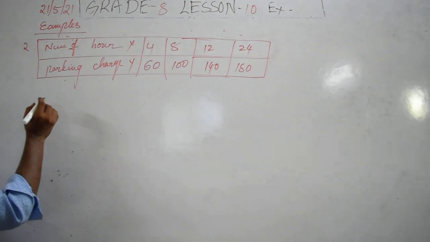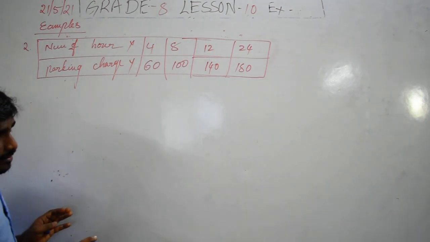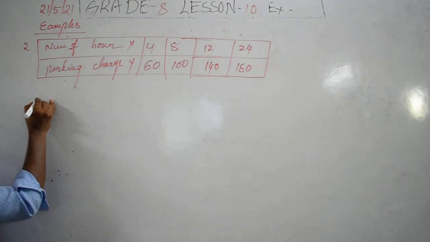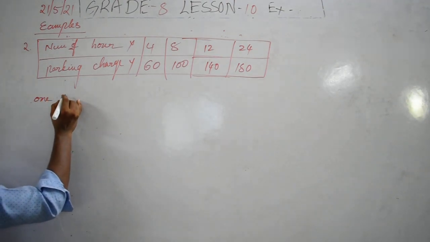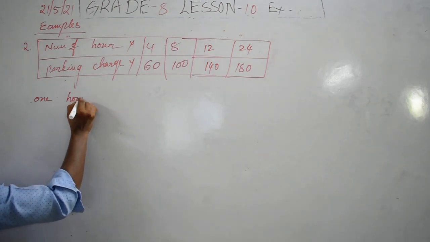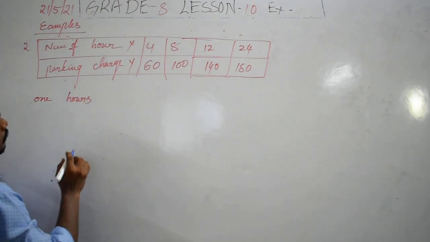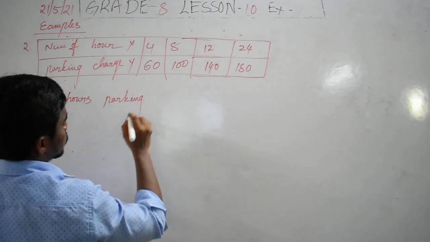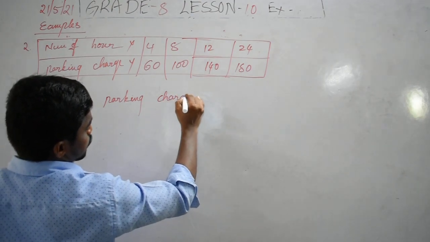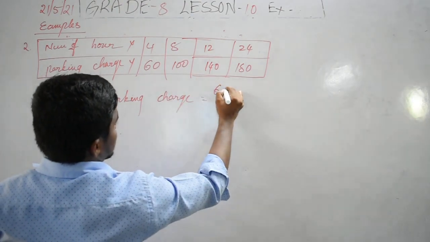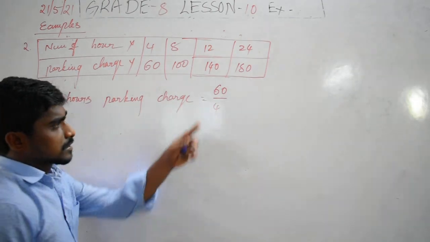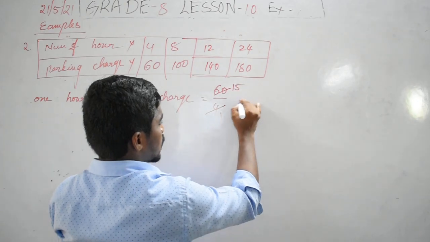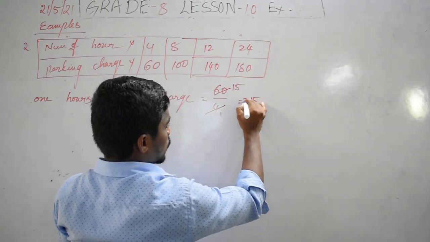Here see, first, each hour, how much money? 1 hour parking charge. So 60 by 4 charge per hour. 4 15s are 60, so 1 hour is 15 rupees.